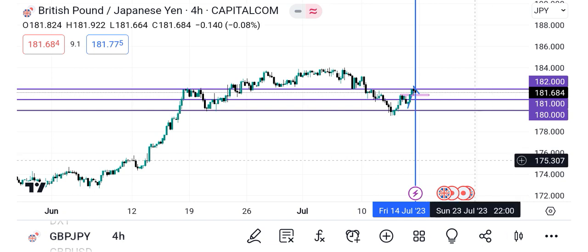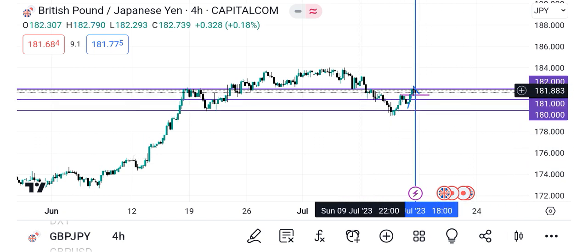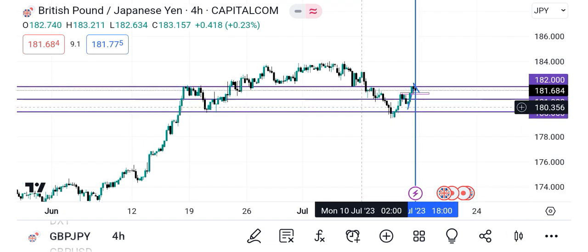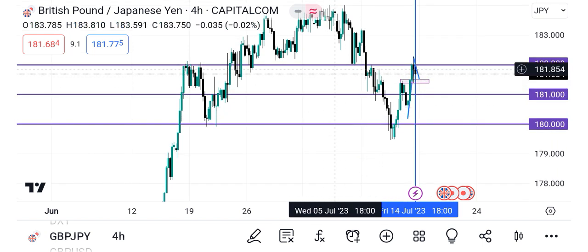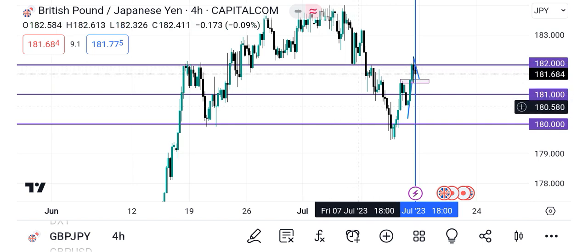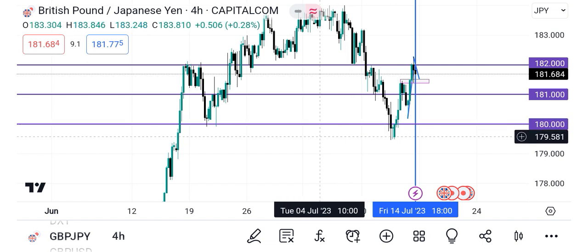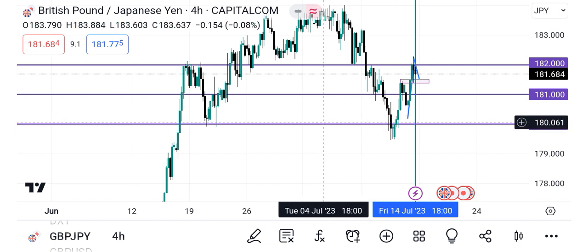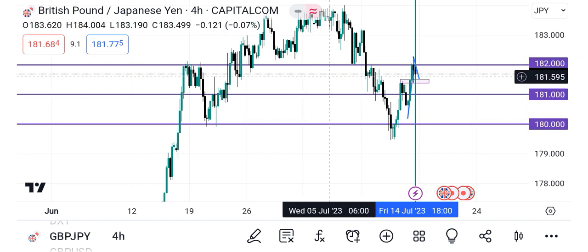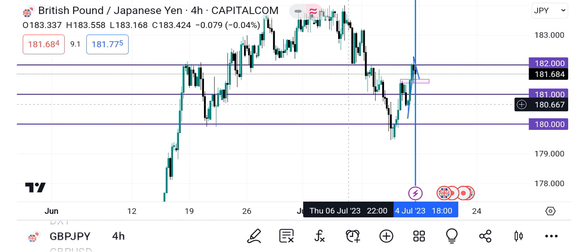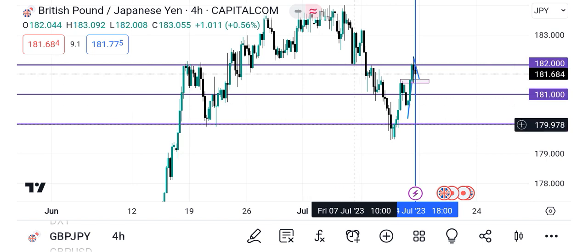Our projection for last week, for those that missed, is if price breaks this 182, then we can expect price to go all the way down into 180. Price broke 182, did a nice retest, and has gone all the way down into 180.